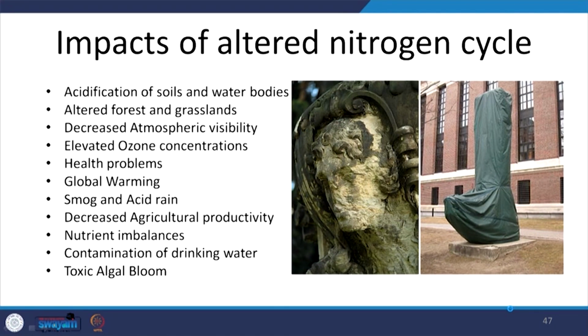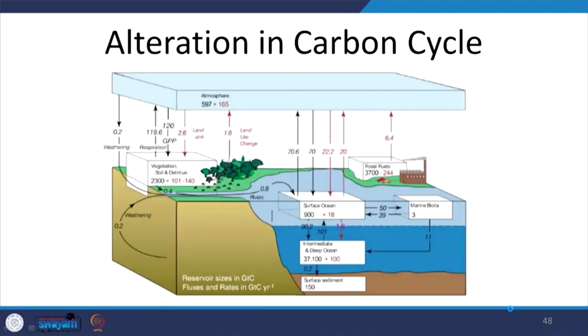Same as with the carbon cycle, there are alterations in the carbon cycle. More and more fossil fuels are being taken out for our consumption. There are fewer trees, the trees are being burnt which are the stores of carbon.